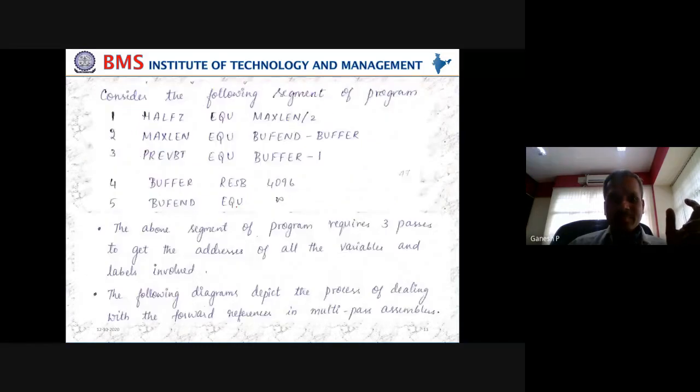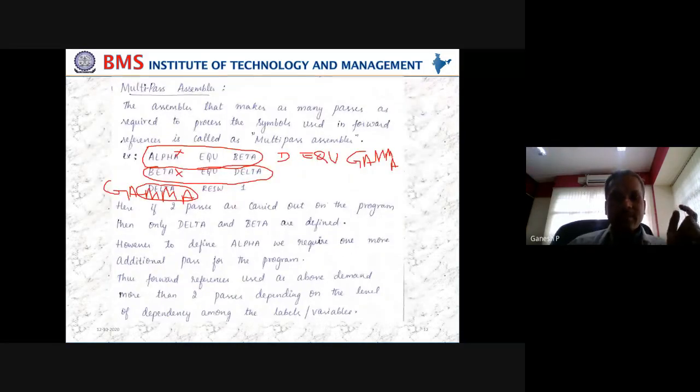The same process applies here as well. When I am at alpha equal to beta and do not know the value of beta, I cannot stop. I have to keep proper information in my system. So when there is interdependency, here also we use this.